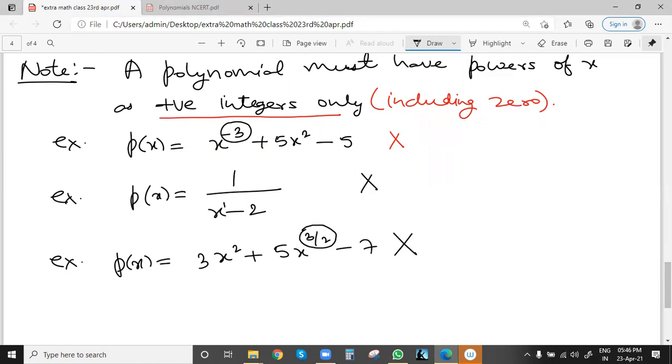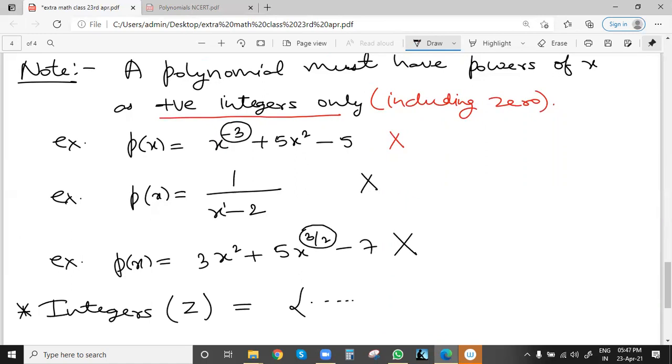So, cross. Degree will be an integer value, because we know integers are represented by the symbol Z. In some books they use I also. So for Z, the set means the values which the integers will have.